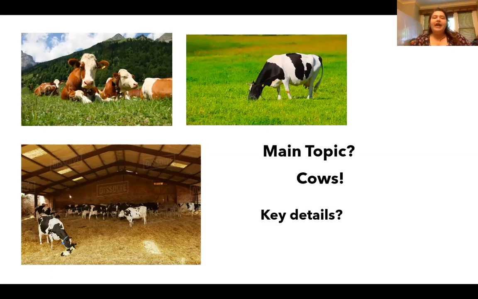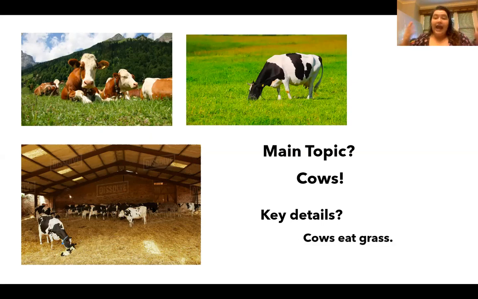Now, a key detail would be something about the cows that I learned from the pictures, or if there were words in the story, but there are only pictures. Like, oh, I see that this one's brown, they're different colors, but I see that, oh, I didn't really know that cows eat grass. Look, he's eating grass here, and there's one eating grass there.